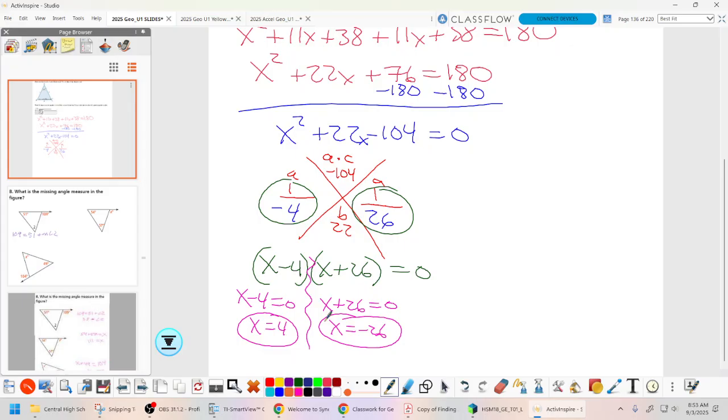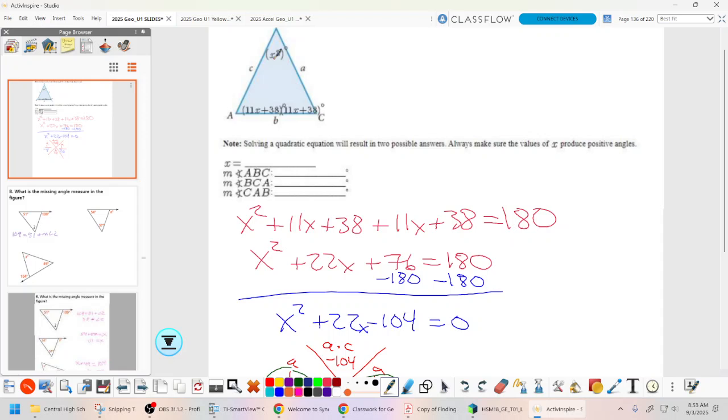Does a positive 4 work? Let's check. Well, 4 squared, yes, that's positive. 44 plus 38, that's positive. So the 4 definitely works. How about the negative 26? Well, negative 26 squared is positive, but it's more than 180 degrees already. So that doesn't work, right?